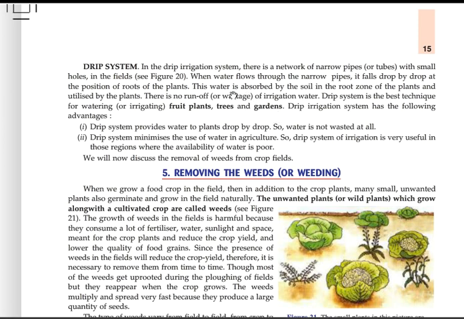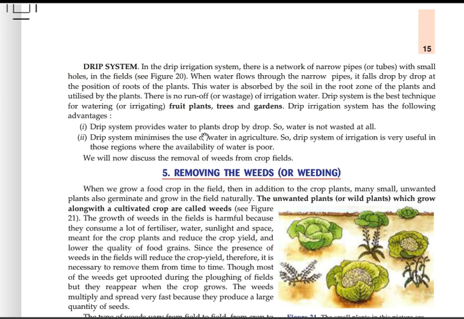It has some advantages over the other systems of irrigation.